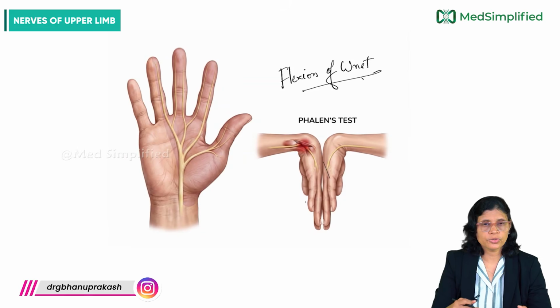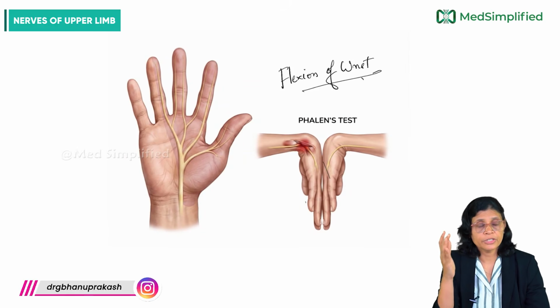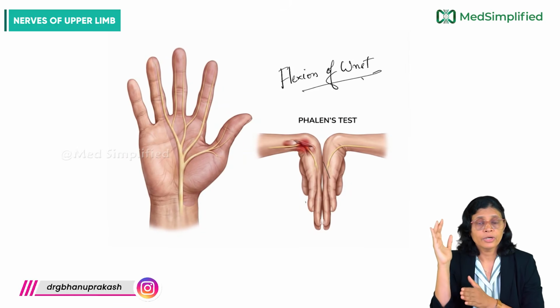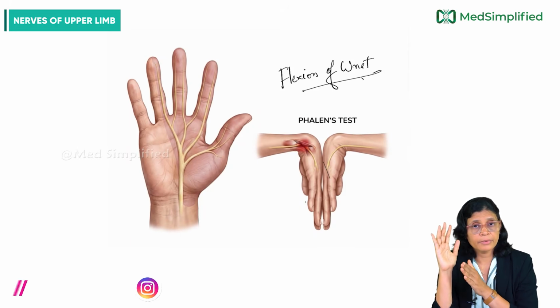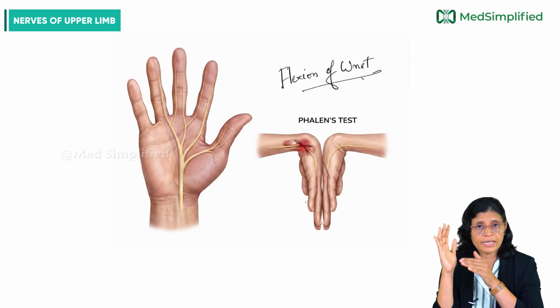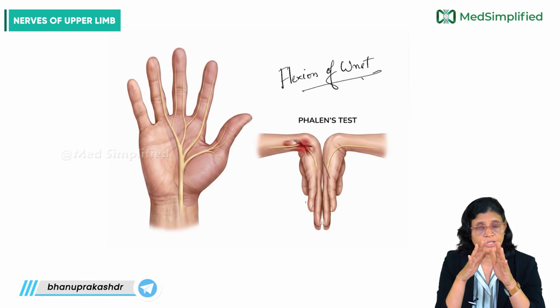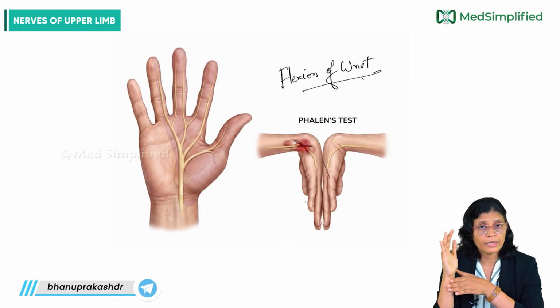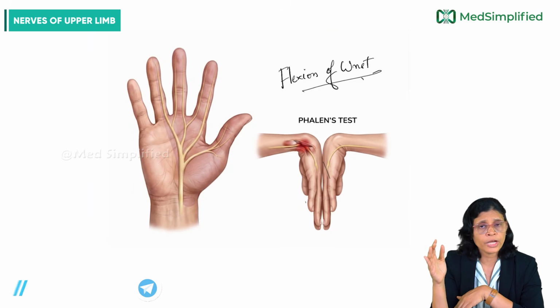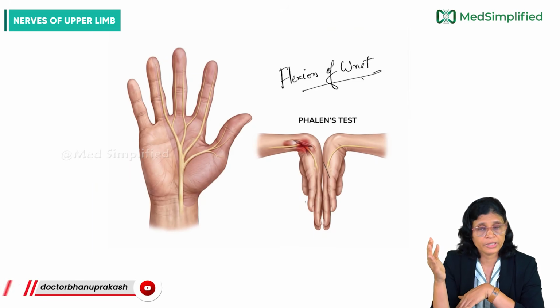Okay, just to quickly recap, median nerve injury can happen at the elbow, at the mid forearm, distal to the wrist, as well as in the carpal tunnel. Mainly at the elbow, when the injury is there, in the motor loss we see mainly loss of pronation. If there is loss of pronation, the forearm will be in a supinated position.